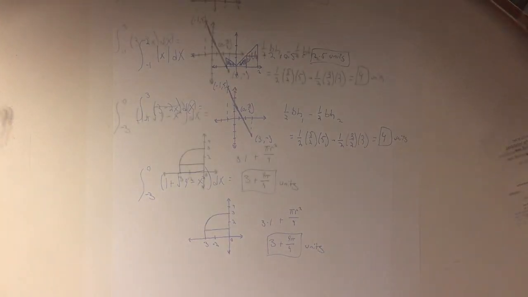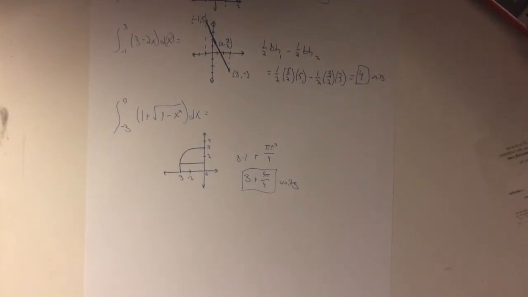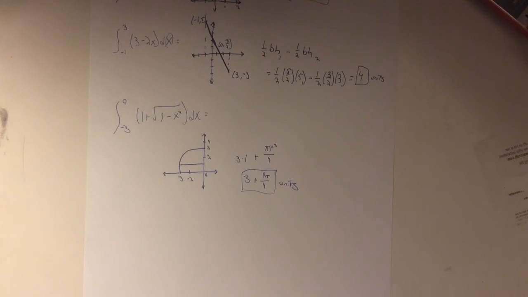Units. Alright guys, just a quick reminder that the fundamental theorem of calculus part 1, in order to find an exact area underneath the curve or underneath the function, only works if the area, or the function, can be broken up into triangles or semicircles or squares or rectangles and stuff like that.